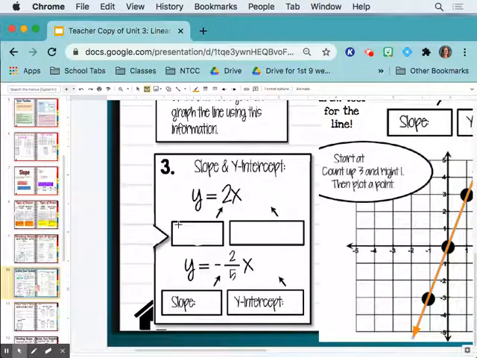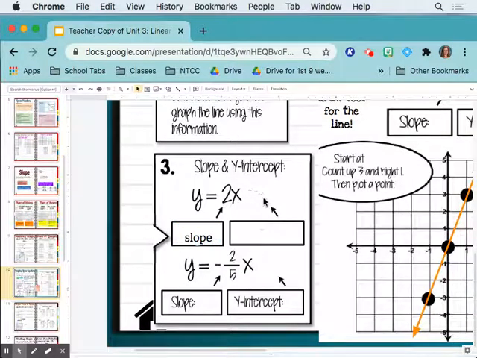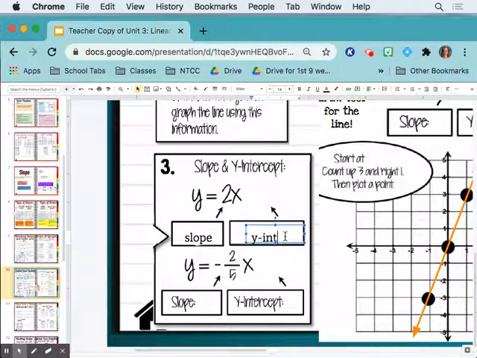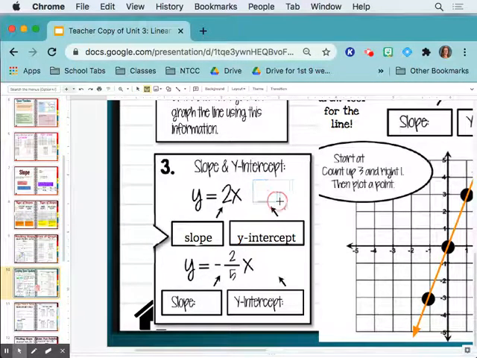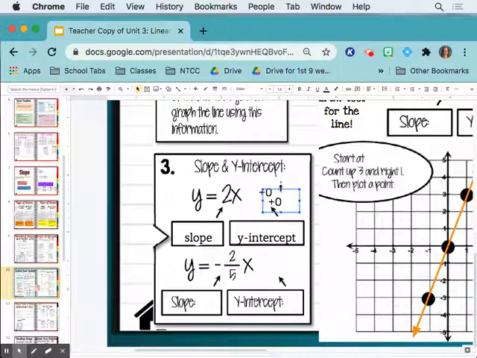Let's fill in what information we know. What is the 2? Slope. And then our y-intercept. So we could put right here +0 so that we know that's there. Same thing with down here.